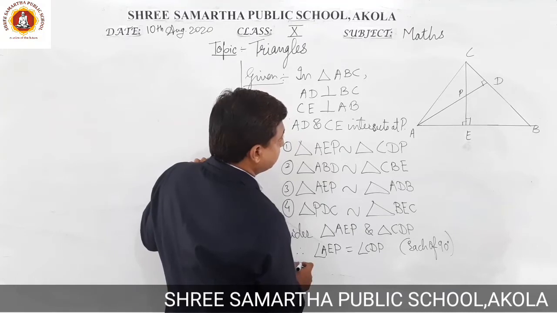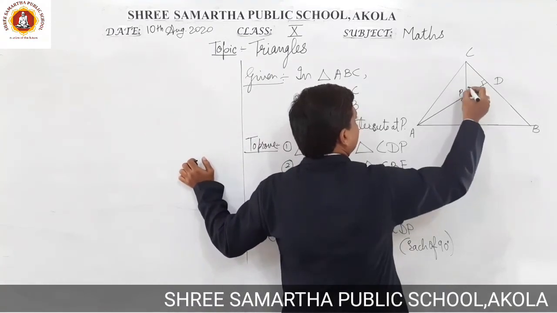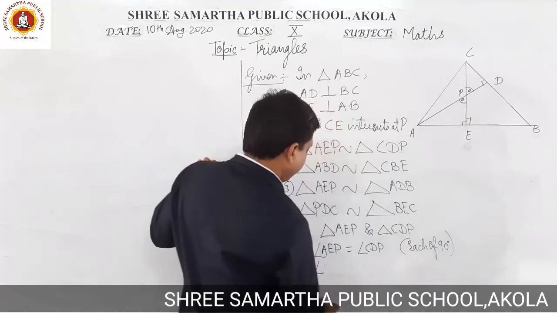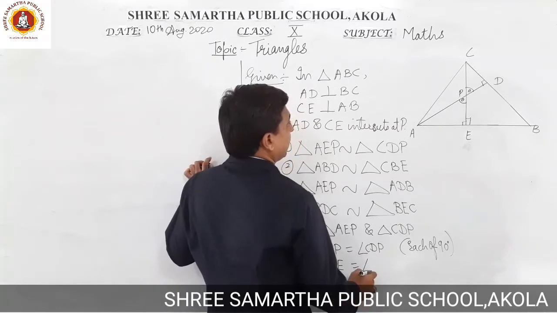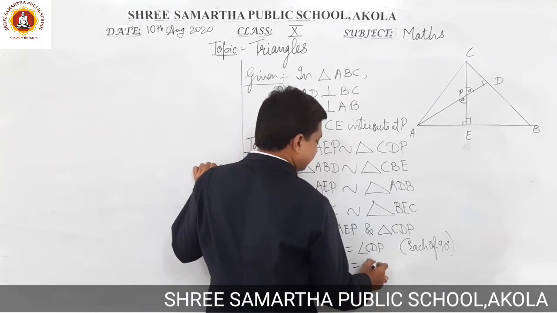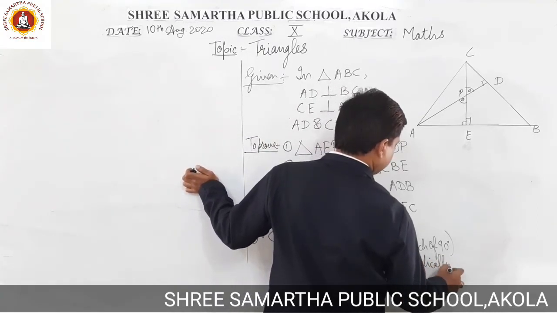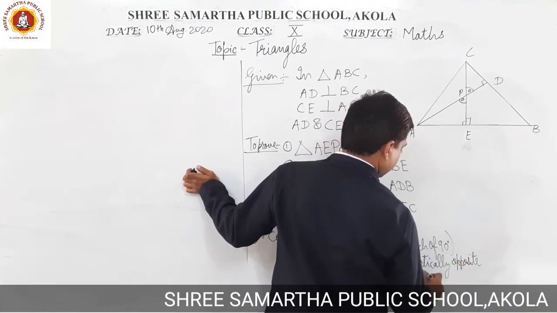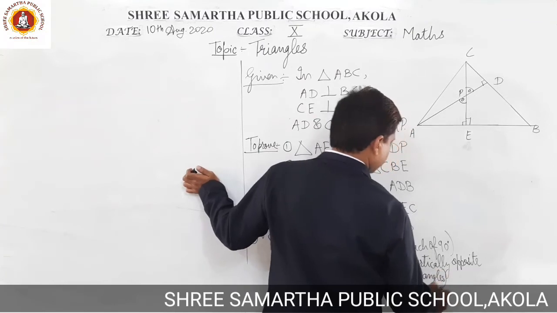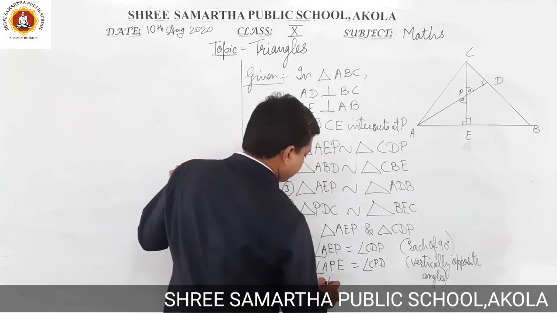And second, these two angles are vertically opposite angles, so this angle is equal to this angle. So we get angle APE is equal to angle CPD, vertically opposite angles. Therefore, these two triangles are similar by AA similarity rule.